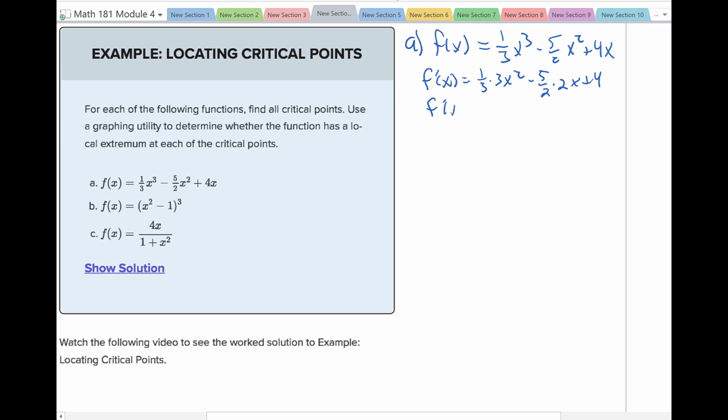So that first derivative is going to be x squared minus 5x plus 4. We set it equal to 0. We have x minus 4 times x minus 1. So x equals 4 and 1. Those would be our critical points.